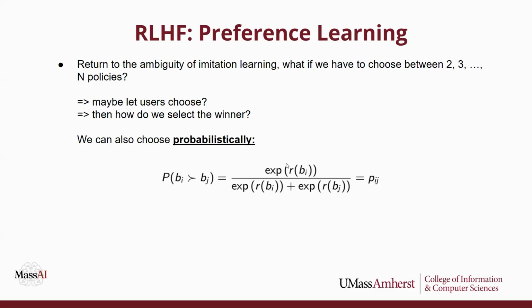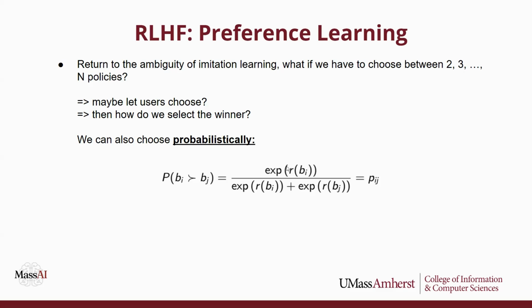EXP here is the exponential, of course, you will know this. R(Bi) is the score that we are currently recording for option i. R(Bj) is the score that we currently record for option j. And using that, we have been able to encode the probability of Bi winning over Bj as Pij.